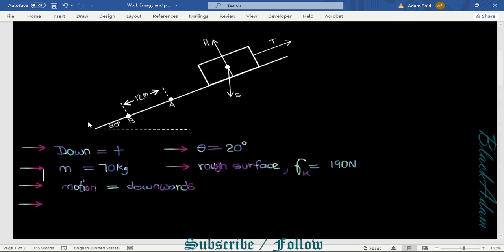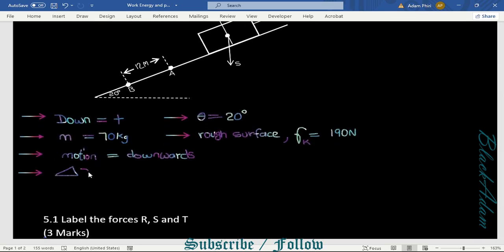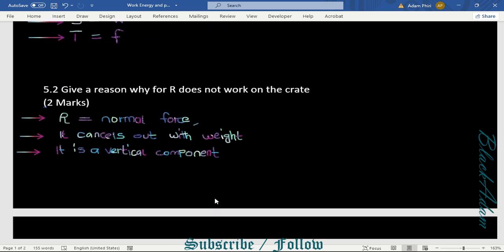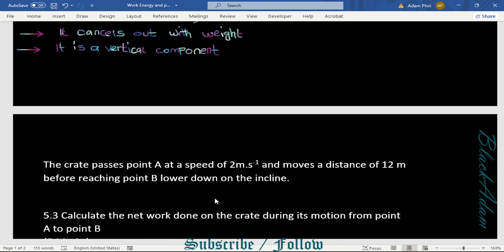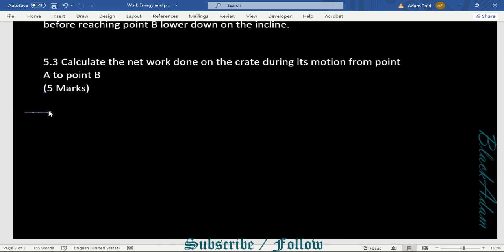We also know that the distance AB is 12 meters. From there we can go on and solve the problem.